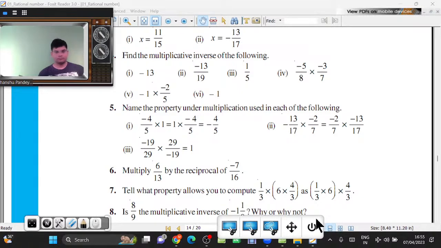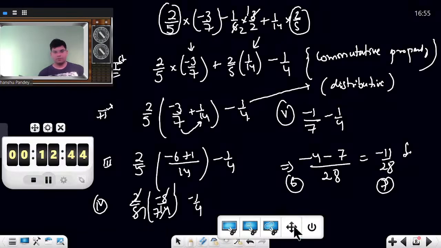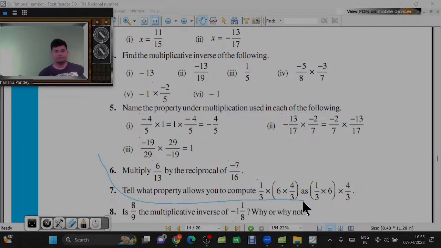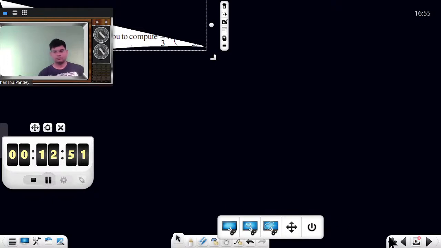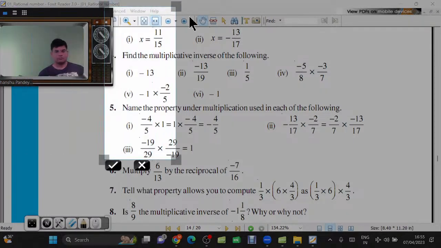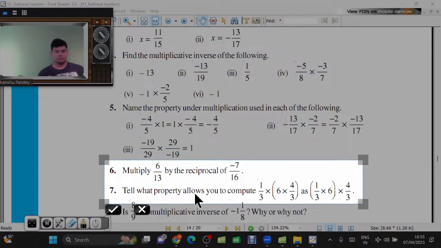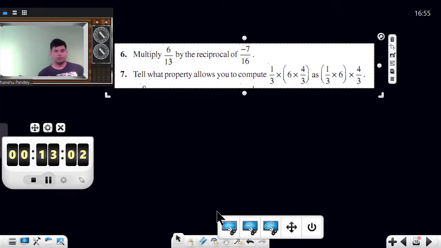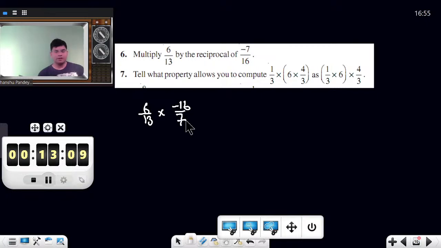Minus 96 by 91. ओके, फटाफट से देखते हैं। ओके, सो बोल रहा है मल्टीप्लाई 6 बाई 13 बाई द रेसिप्रोकल ऑफ माइनस 7 बाई 16 यानी माइनस 16 बाई 7. तो माइनस 16 इंटू 6 इज माइनस 96 and 13 into 7 is 91. Okay?